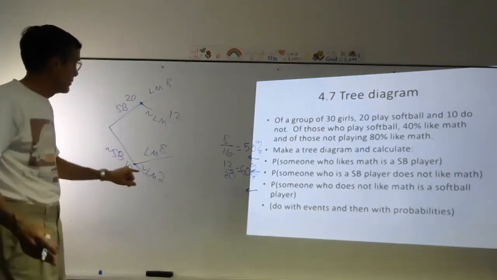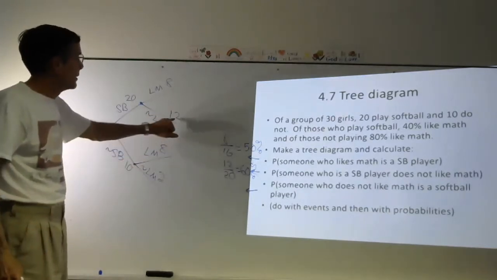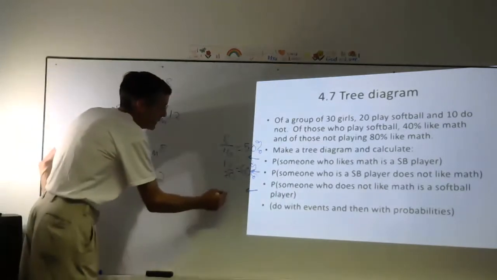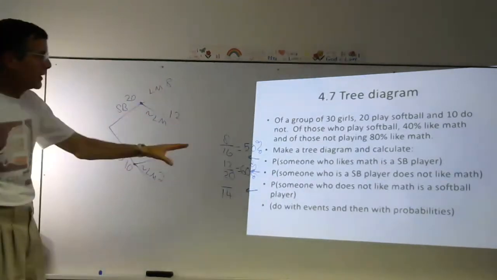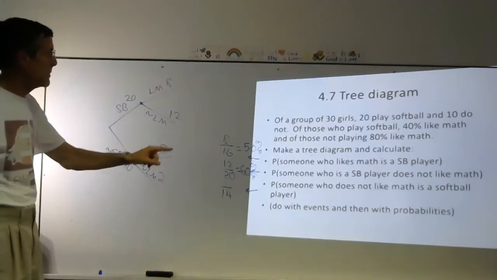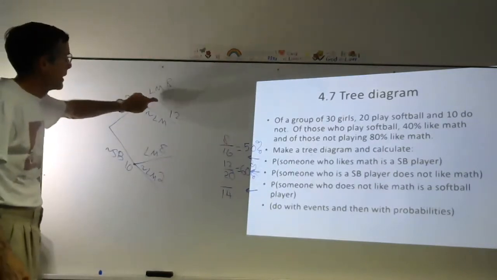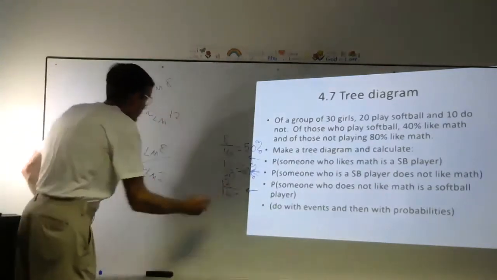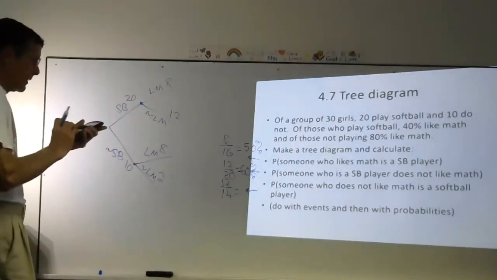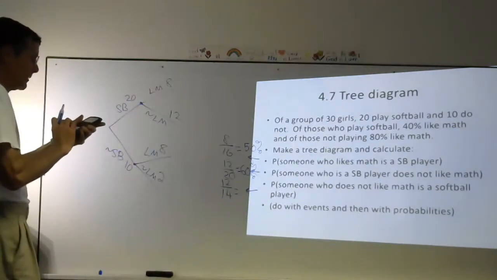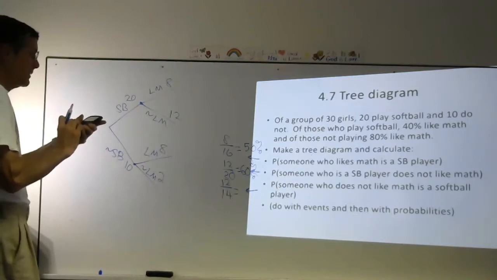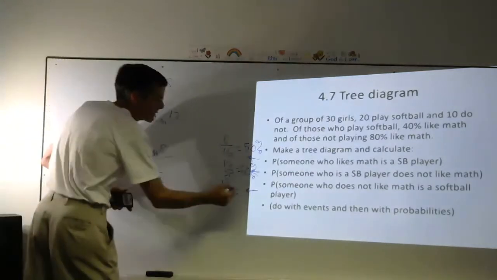Who are the people that don't like math? 2 here, 12 here, 14. So it's 12 out of 14, and 12 divided by 14 is going to be 86%.